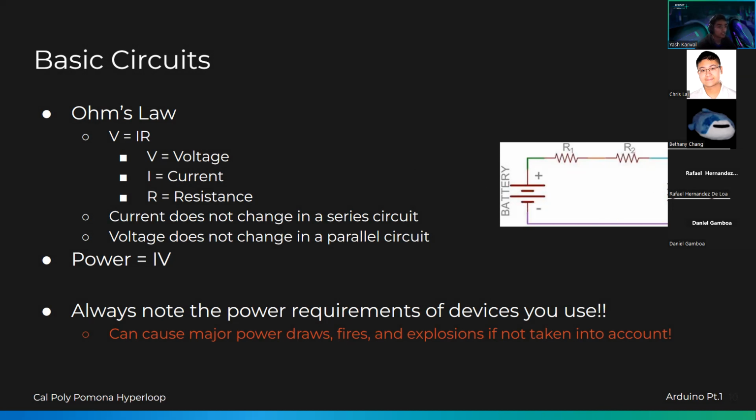And in parallel circuits, the current changes, but the voltage doesn't. So you can figure out what currents these two have based on the voltage that you found from here. It's a little bit of circuit analysis. We'll do this more in the circuit construction workshop that was supposed to be scheduled before this workshop, but since it was pushed back, we'll go more in depth in that one.